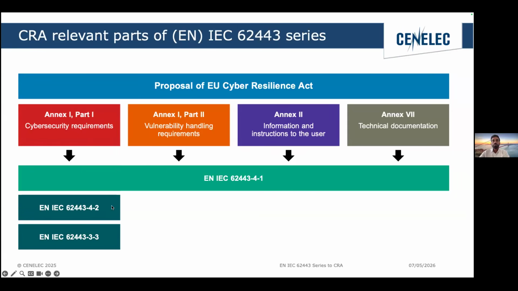And also we need to come up with the 4-2, which has the requirements where the gaps are mapped with the existing 4-2. So from the existing international standard 4-2, comparing with the requirements of the CRA, definitely we found the gap.